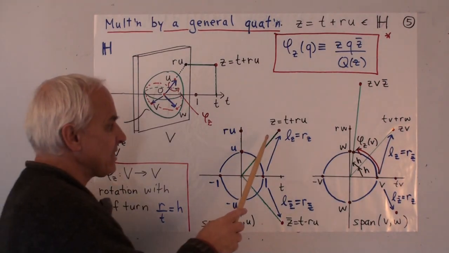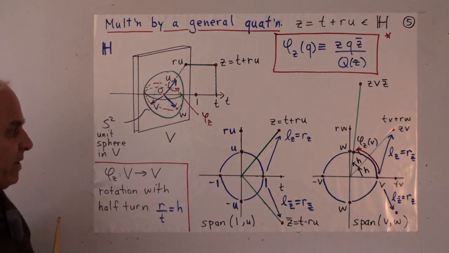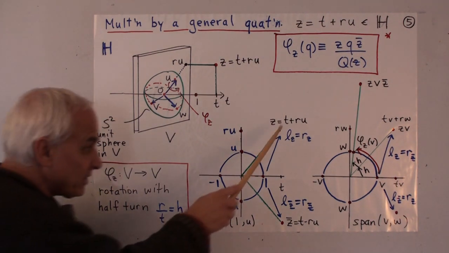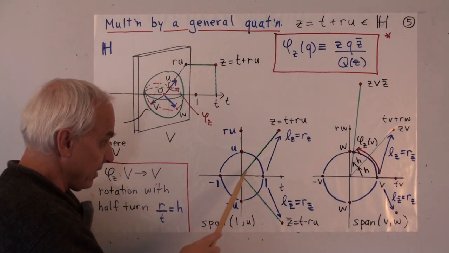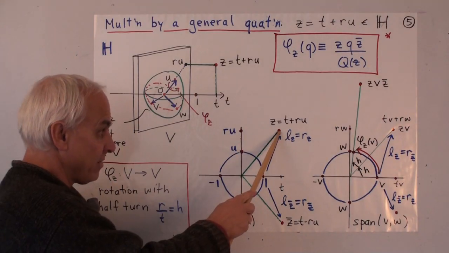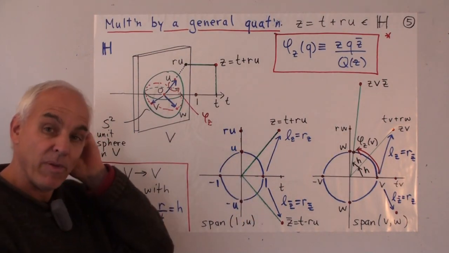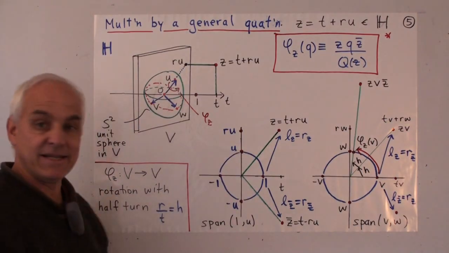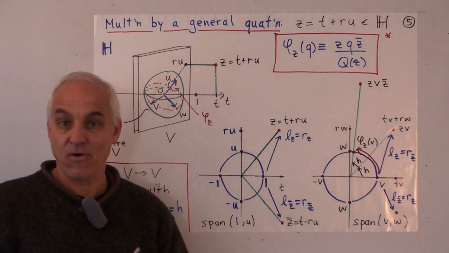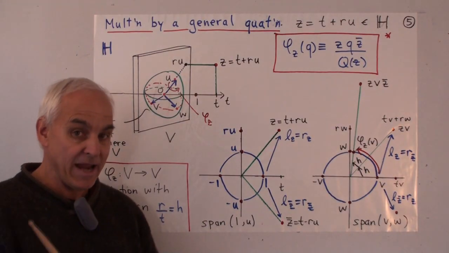So what does z equals t plus ru do to this plane? Well, first of all, t plus ru is actually an element in this plane. There's t and there's ru, so there's our quaternion that we're talking about. It's actually sitting in this two-dimensional plane. And the arithmetic in this two-dimensional plane is exactly the same as the arithmetic for complex numbers, because u acts just like i does.